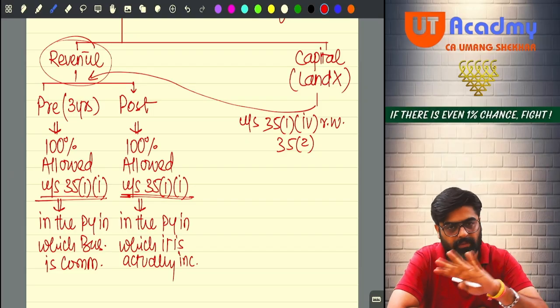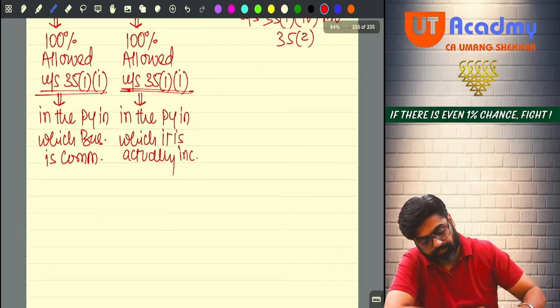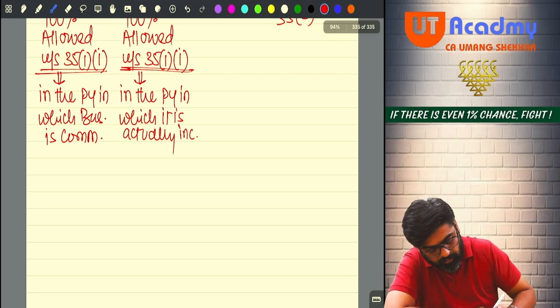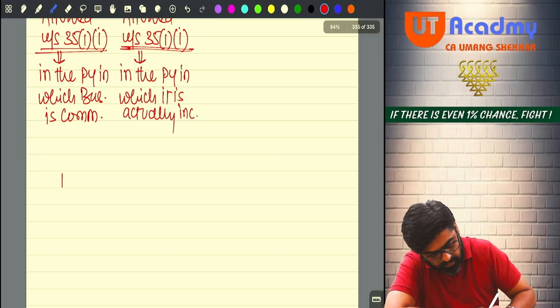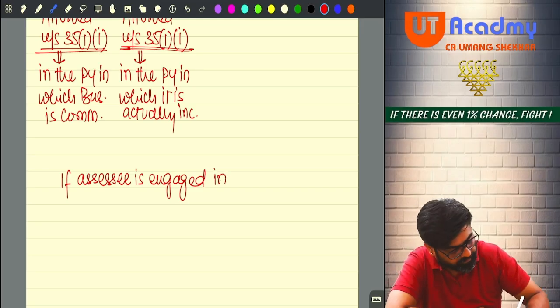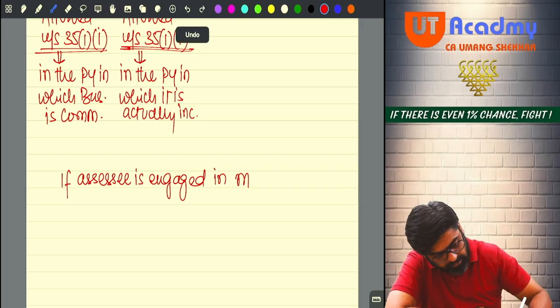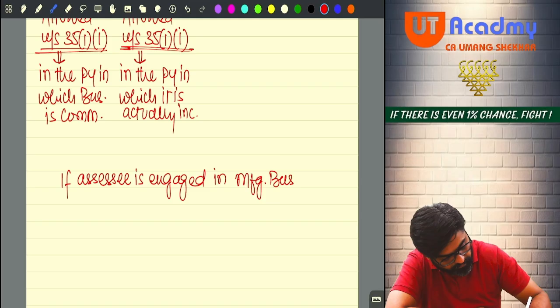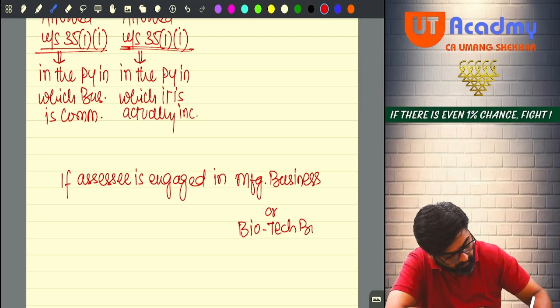Either pre-commencement or post-commencement. Done. This part done. Now, they are saying that if the assessee is engaged in manufacturing business or business of biotechnology, manufacturing of any article other than Schedule 11 goods.